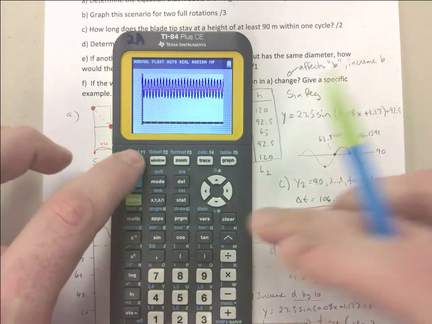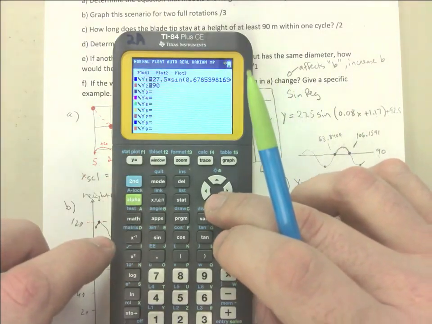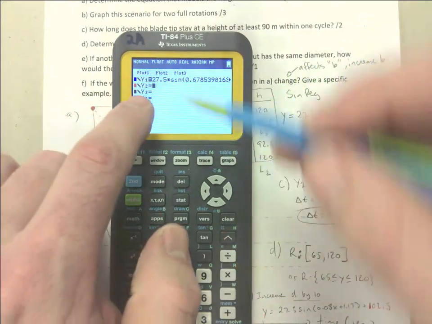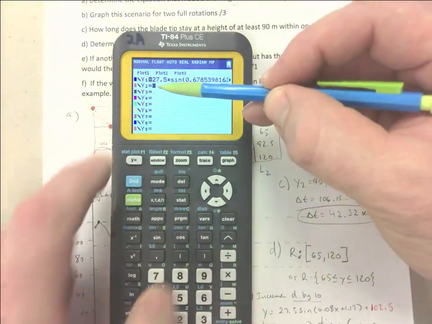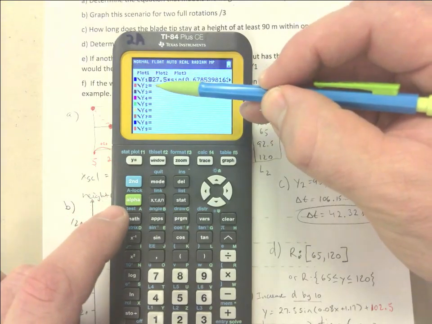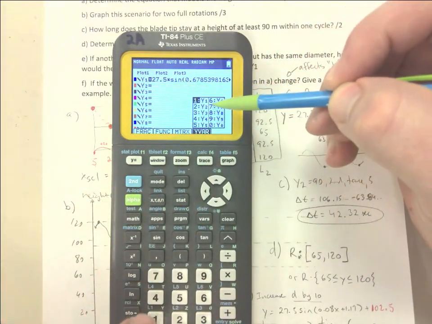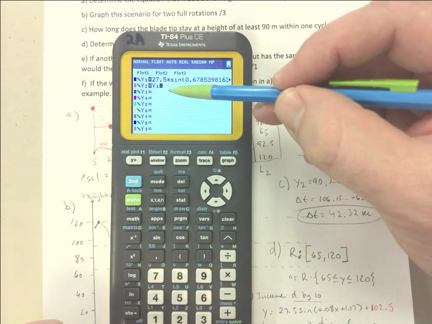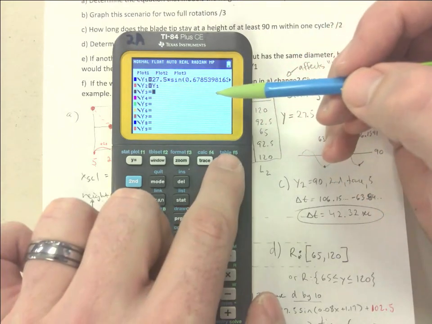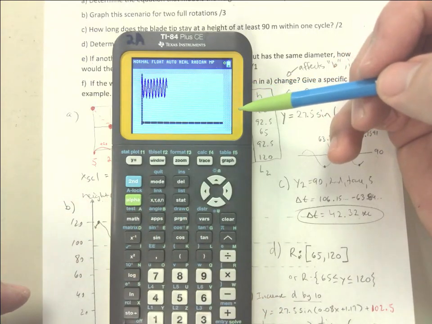Let me try something here. If you want to ever copy an equation down, I think you can say y2 is equal to, let's try this, y1. Are you going to have two graphs the same? Let's see.